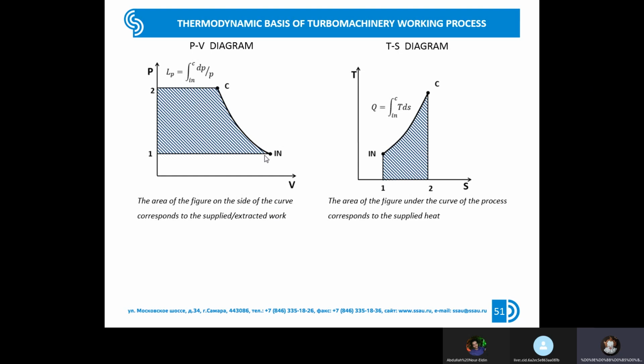In the PV diagram, the area located at the left from the process line is equal to the specific work which we spend for the compression and for expansion. It depends on the process, of course.